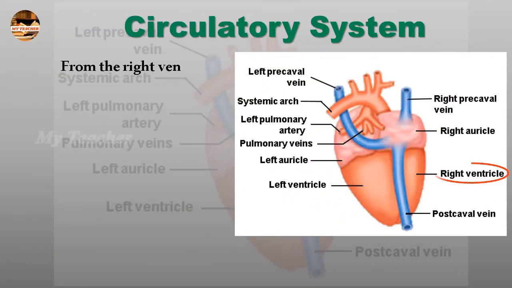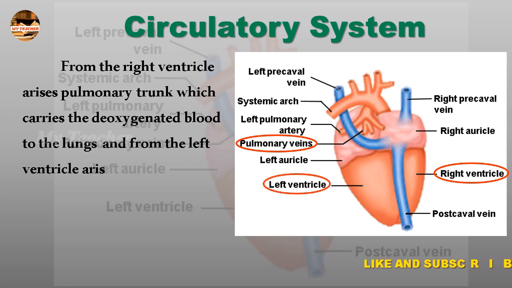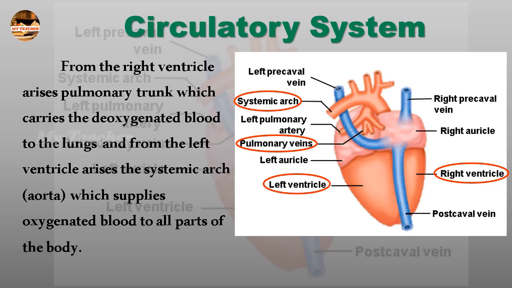From the right ventricle arises pulmonary trunk which carries the deoxygenated blood to the lungs, and from the left ventricle arises the systemic arch, that is aorta, which supplies oxygenated blood to all parts of the body.